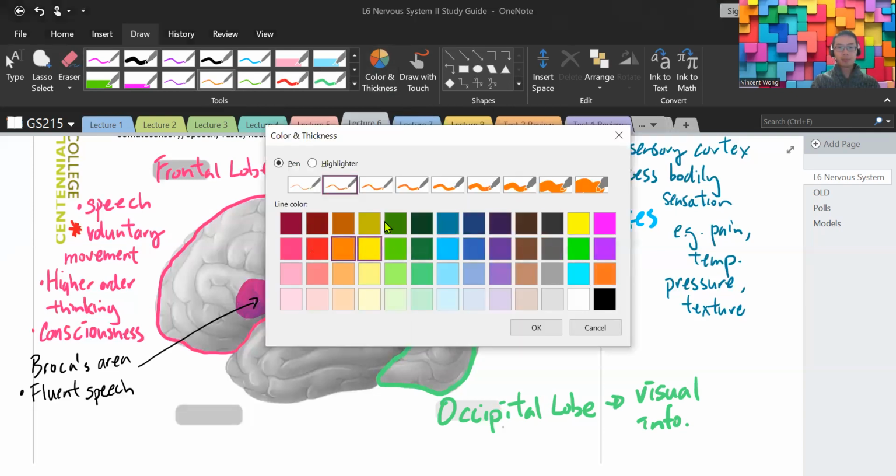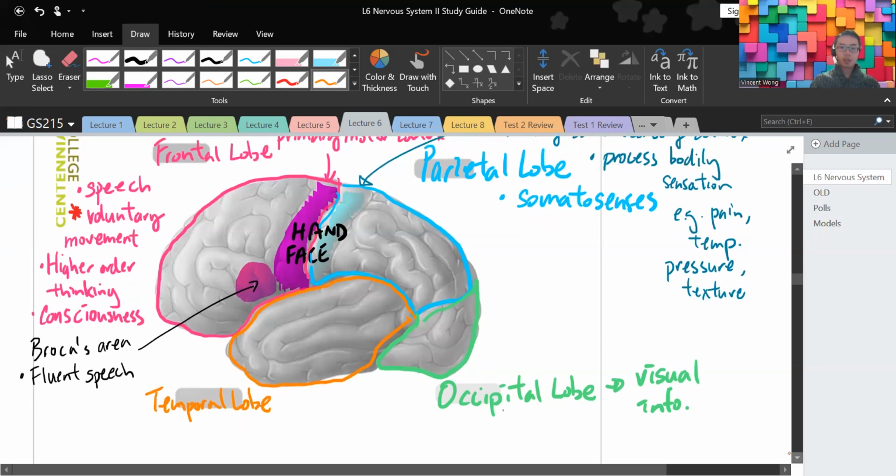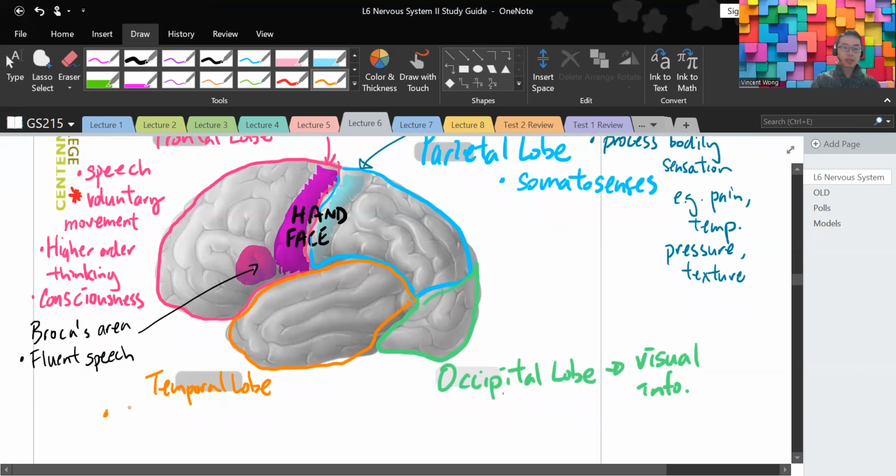We have another one here. This is the temporal lobe. This is where auditory information is processed, like hearing things.